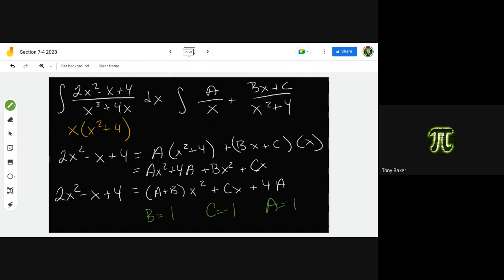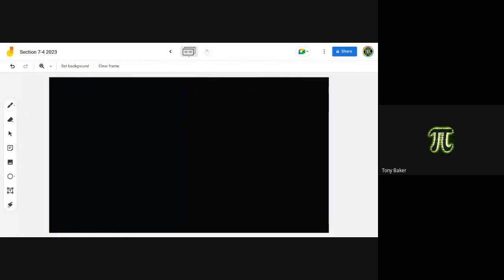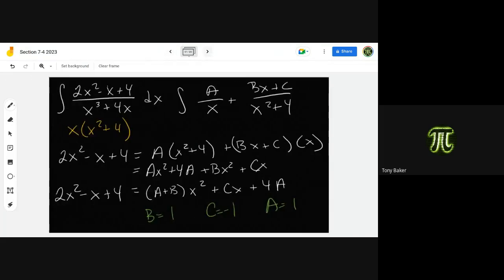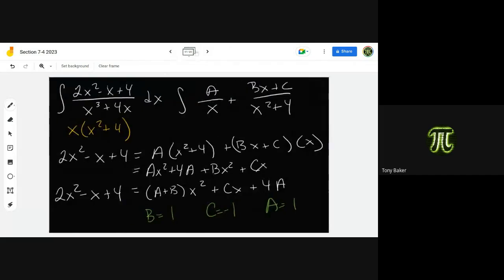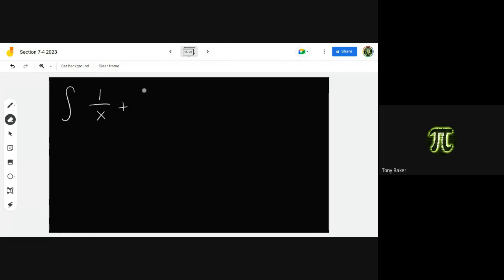All right. So we now have our integrand nicely broken down. We have 1 over x plus, was it -1? No, it was 1. So it was x minus 1 over x squared plus 4.